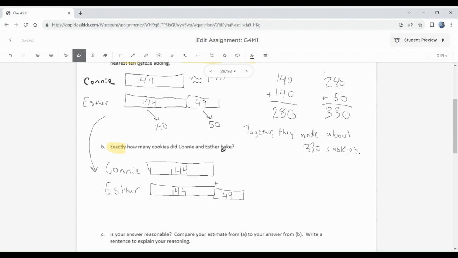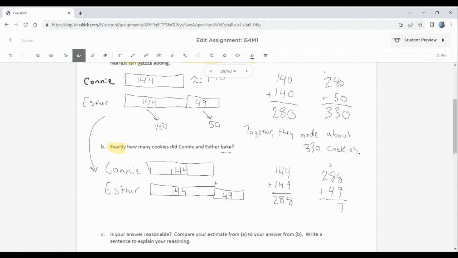So how many did they bake together? This time I'm going to actually add the numbers without rounding. Same idea, 144 cookies plus 144 cookies. 4 plus 4 is 8. 4 plus 4 is 8 again. And 1 plus 1 is 2, to make 288. And then I'm going to add in those additional 49 cookies that Esther made. 9 plus 8 is 17.